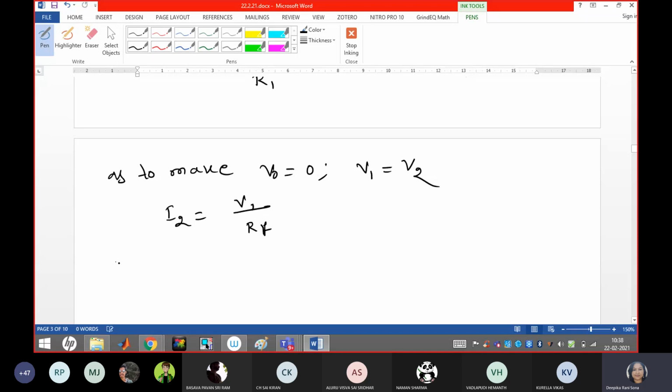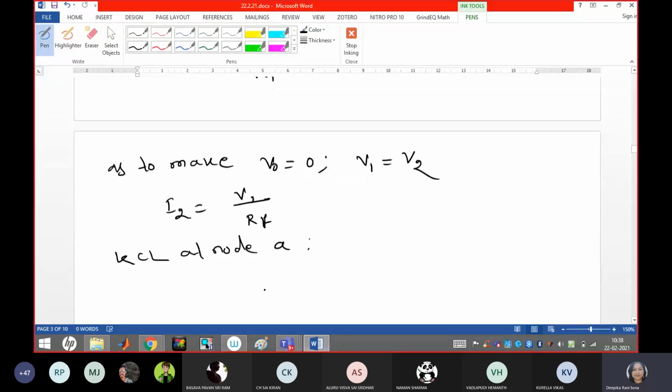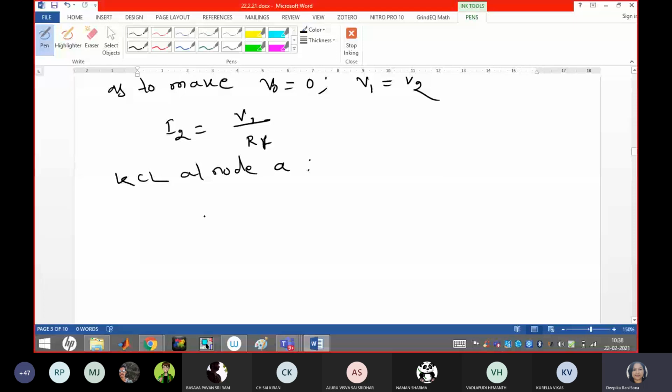So apply KCL at node A. What do you get, guys? Which current is associated at this node A? IB minus equal to I2 plus I1.